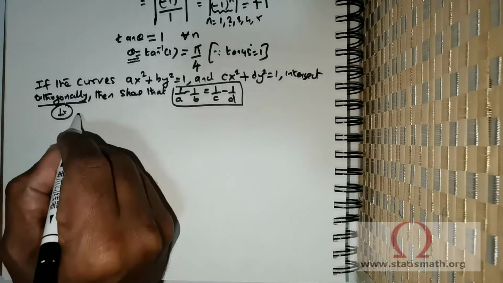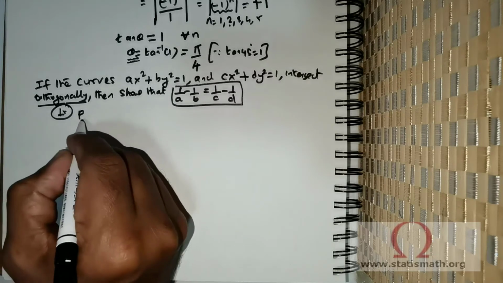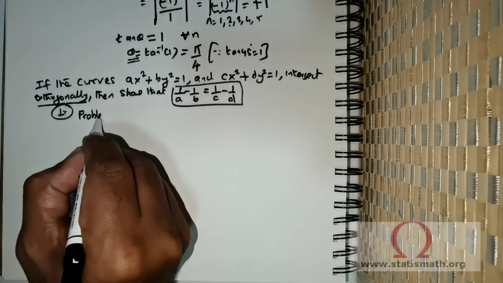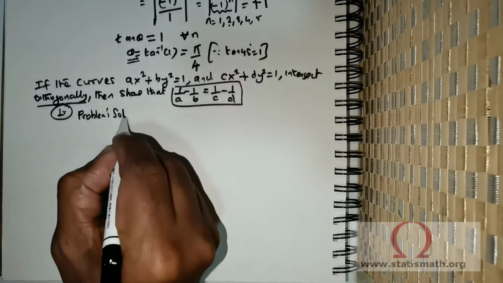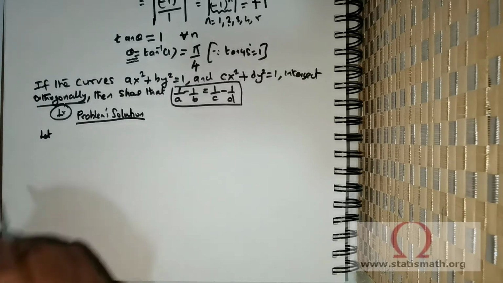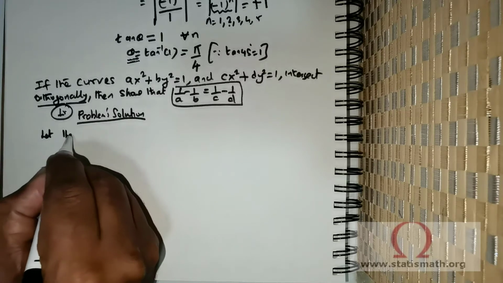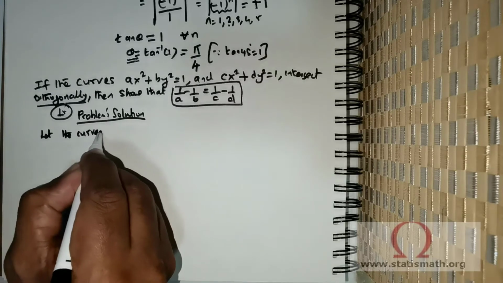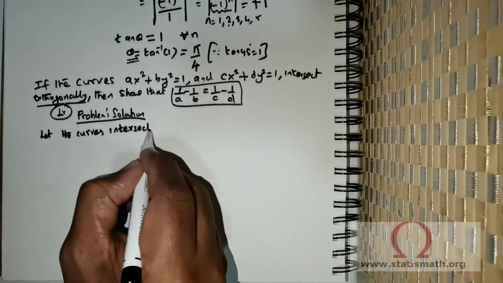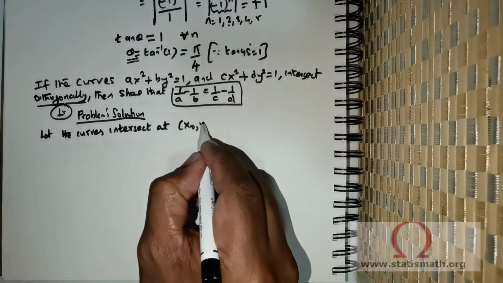Now, I'm going to start the solution for this question in the following manner. Okay, so the problem's solution is given as follows. First step, let the curves intersect at some point, say (x0, y0).